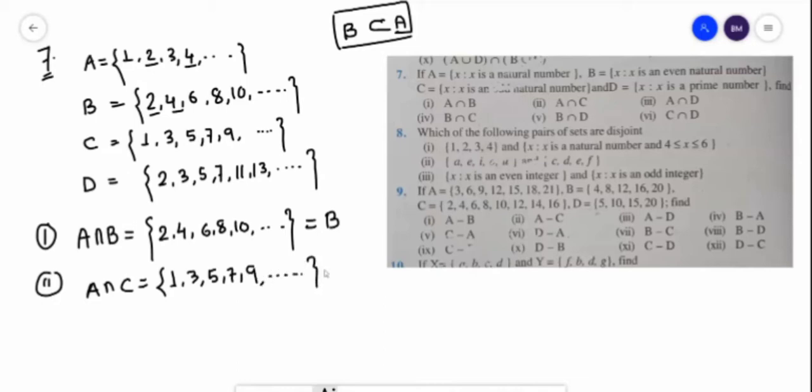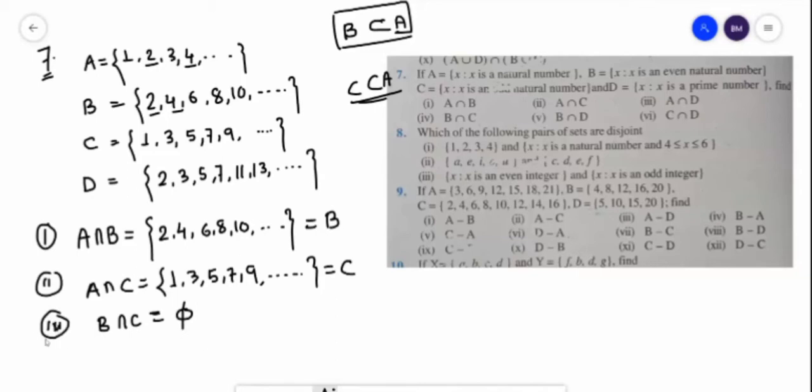And that is actually C, because the set C is also a subset of A. Next, number 3, B intersection C. Check that there is no common element. This is even, this is odd. So you cannot find any element that belongs to both B and C.